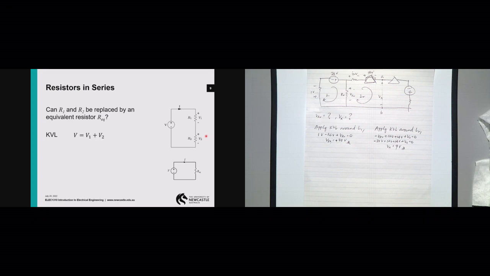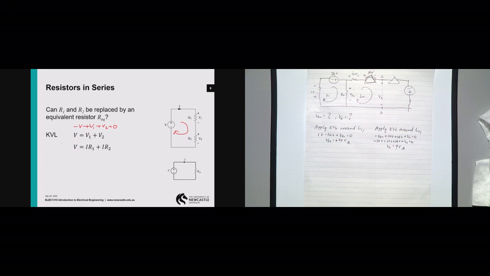Skipping some steps here, I have a loop here. I have negative V plus V1 plus V2 equals 0. Therefore, if I move this over here, we have V equals V1 plus V2.